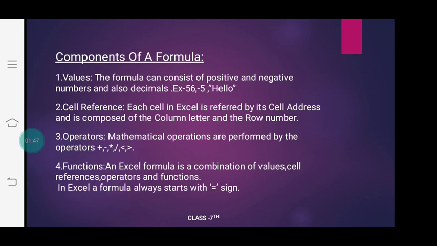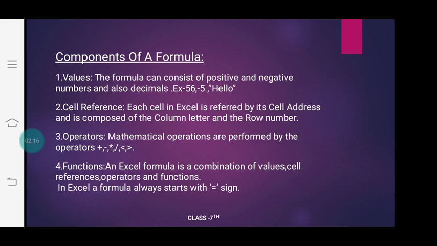Now, components of a formula. There are 4 components. An Excel formula contains any one of the following components: value, cell reference, operator, and functions. Now let us see values. The formula can consist of a positive number, negative number, and also a string of characters.